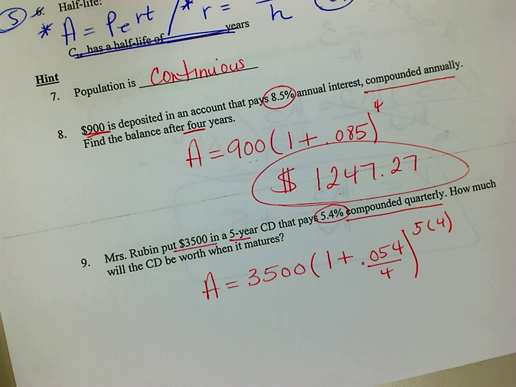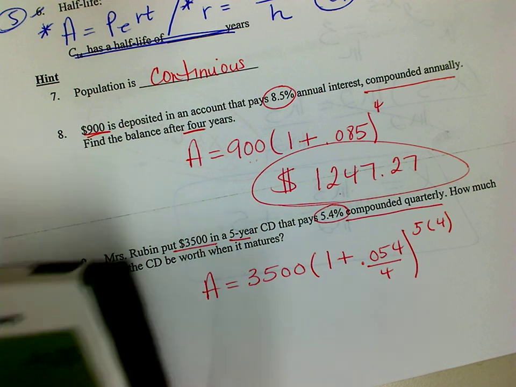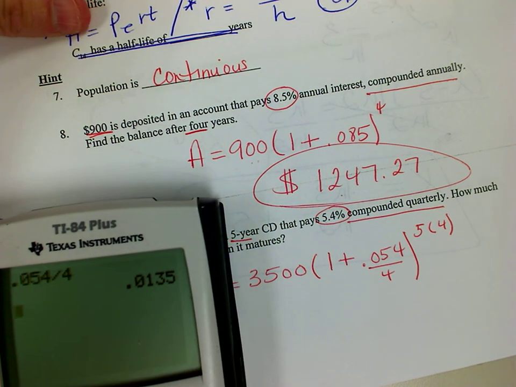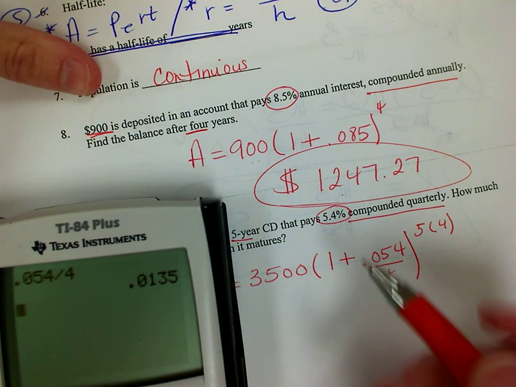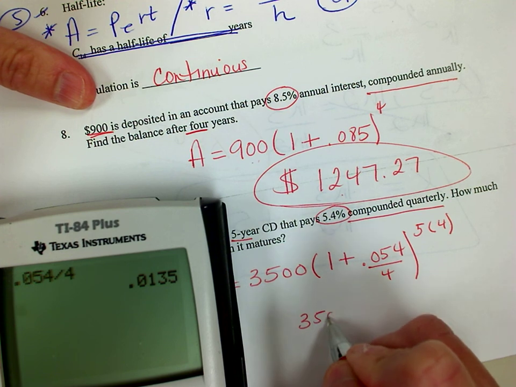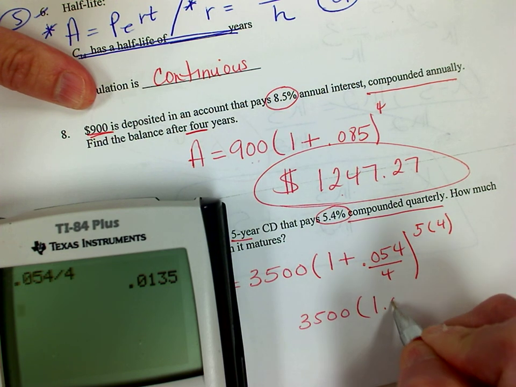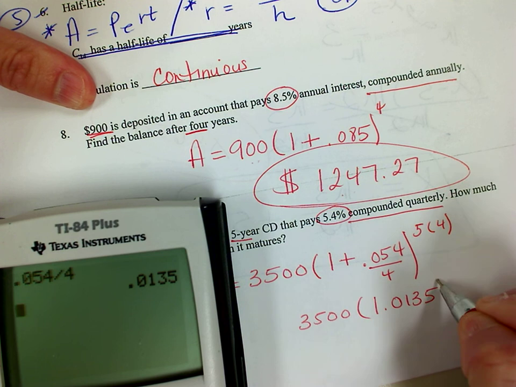Now this one you have to be careful how you put this in your calculator. What I would suggest doing first is maybe figuring out what this is. So 0.054 divided by 4. And then I'm just going to put a 1 in front of it. And the exponent is 20.